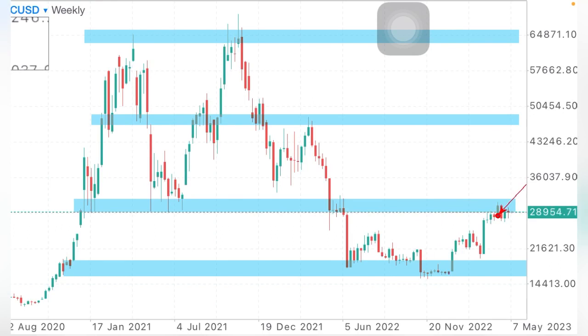The market is trying to break the resistance or come down to the support. So you can see that the market is giving us two biases. Either the market will break this resistance and go to the next zone, or the market will reject this resistance and come back to this support.